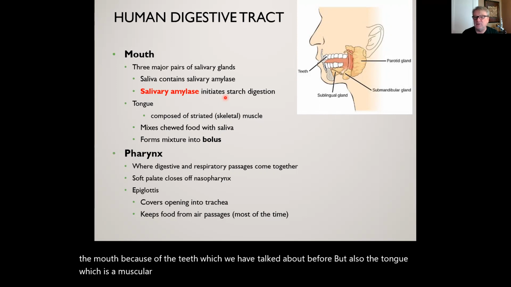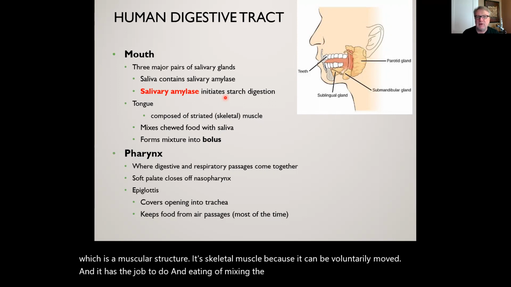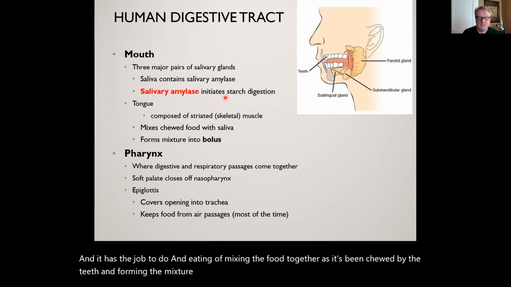It's skeletal muscle because it can be voluntarily moved, and it has the job in eating of mixing the food together as it's been chewed by the teeth and forming the mixture into a bolus.